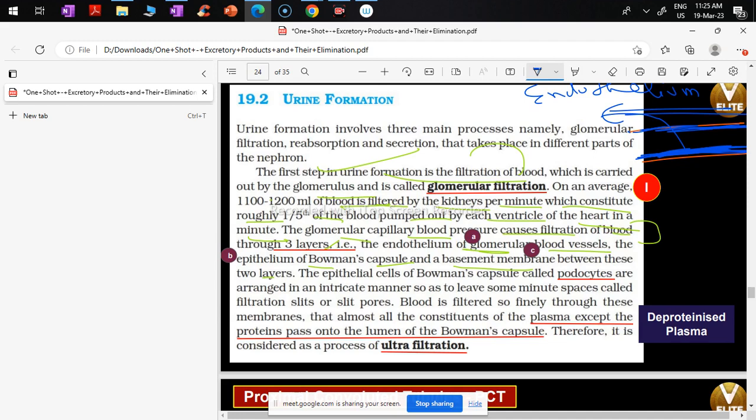Therefore, blood is filtered finely through these membranes. It is clear that almost all the constituents of the plasma, as we already discussed in the last chapter, that our plasma consists of water, some minerals, some ions, and proteins also. So all the constituents of plasma are filtered except the proteins, remember.